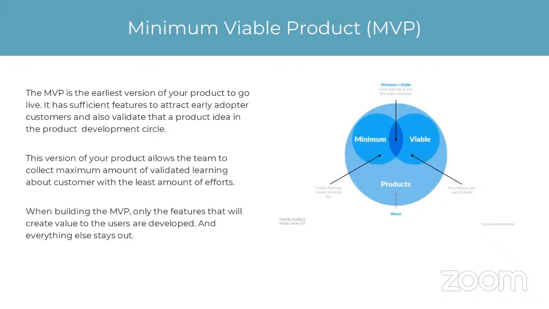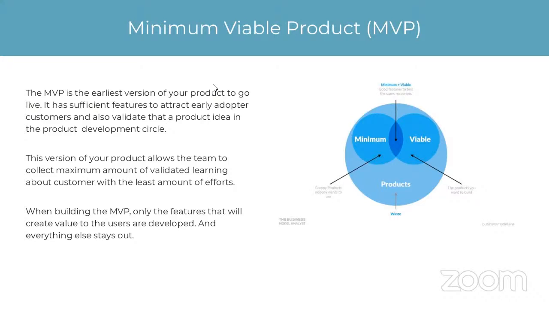So now, after we've gone through this process of mapping our user journey, we want to get our hands dirty a bit and create our MVP, which is known as the minimum viable product. So the MVP is the leanest version that you need to get your user to test if you are creating value for them.